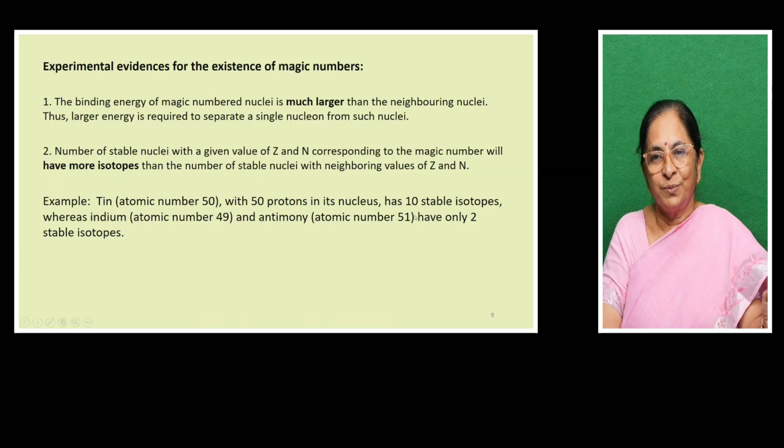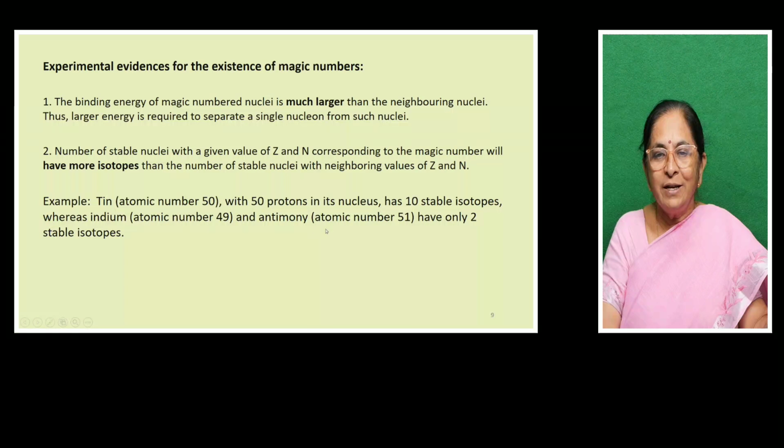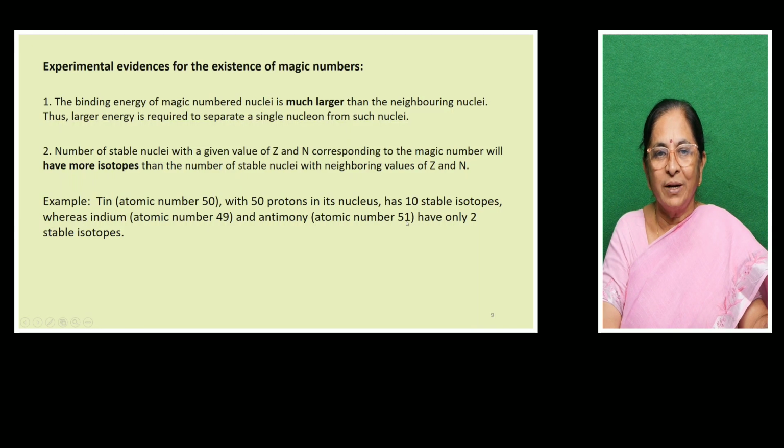Here tin has 10 stable isotopes. Now the neighboring elements are indium and antimony. Indium has proton number 49 and antimony has proton number 51. So they are closer to the magic number 50, but they have only 2.